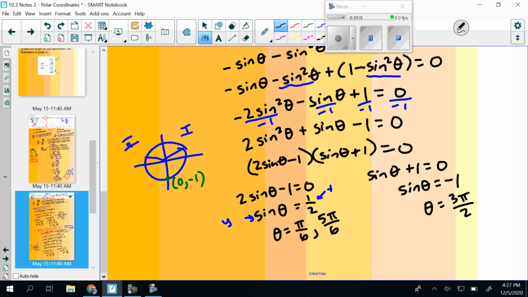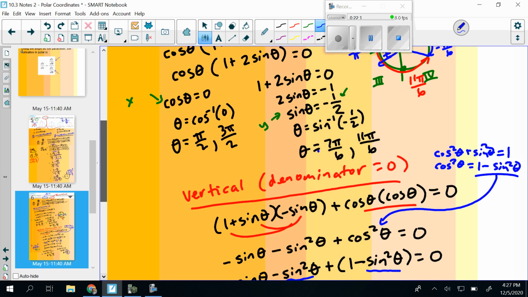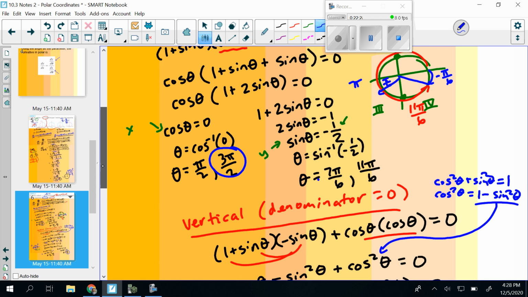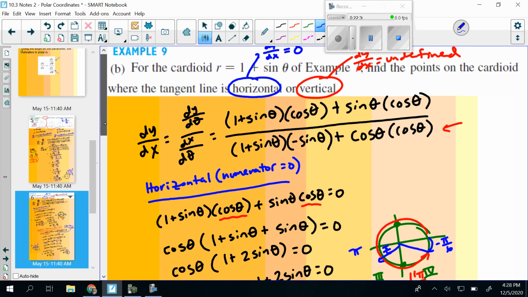Now one thing that shows up, this one, 3 pi over 2, did show up on both our lists. So we got to be careful there, because if both top and bottom of this are 0, that's indeterminate form. So you would have to check this one by going through, and you could use L'Hopital's rule to see what that derivative actually came out to be.